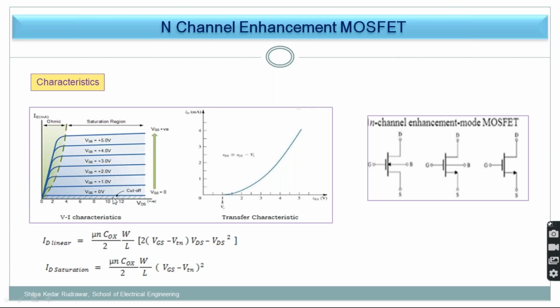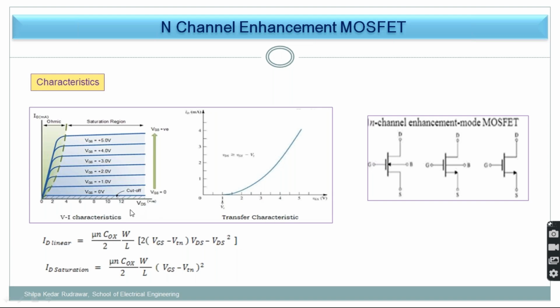So here the cutoff region has been done. This is the linear region where you are giving small VDS. And last is the saturation region where you increase VDS in such a way that pinch off occurs, and after that pinch off, the curve flattens. So instead of increasing, it now stays constant.